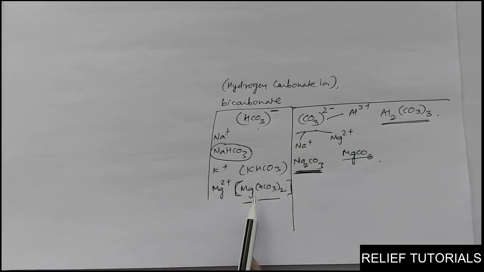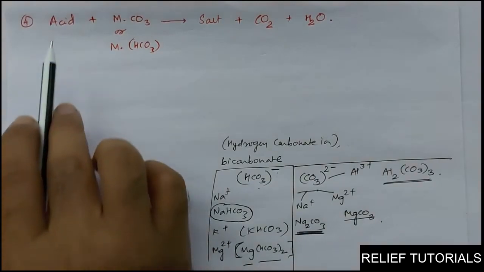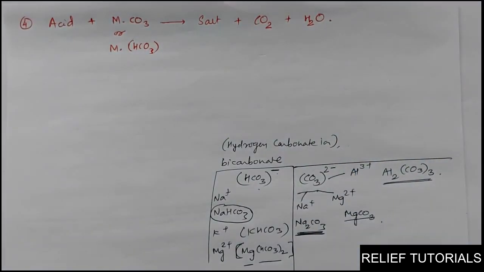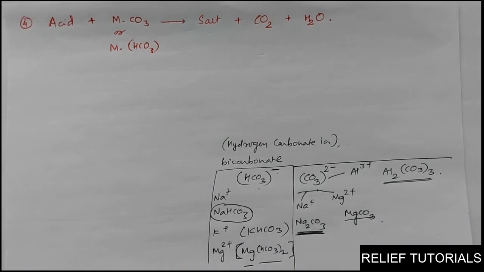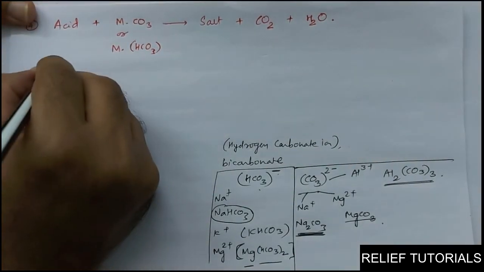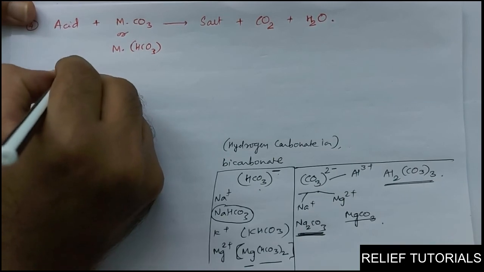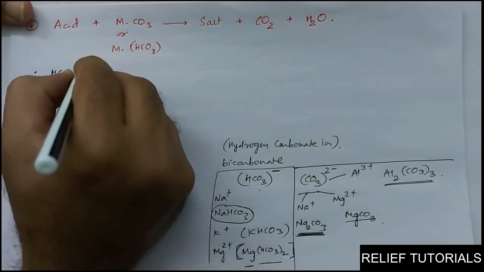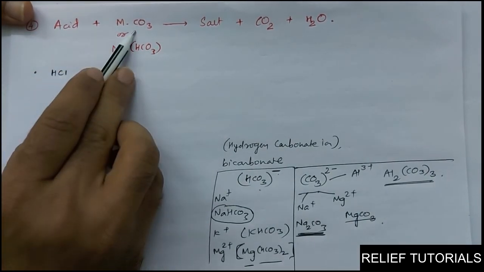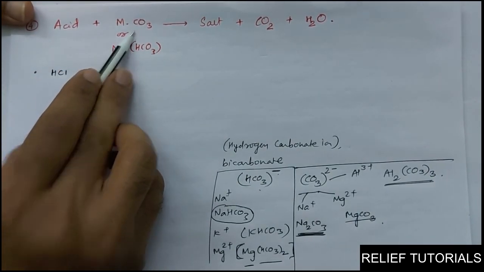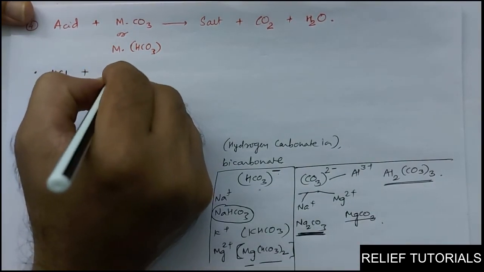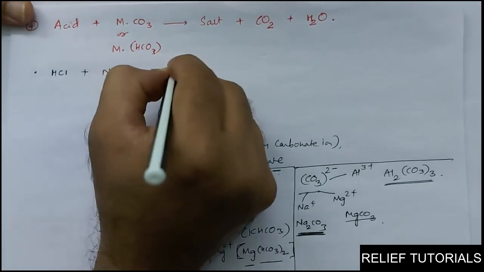So such bicarbonates or carbonates, when they react with acid, always form salt, carbon dioxide and water. Let's take some examples. Let us say the acid is HCl, our favorite acid again. When HCl reacts with metallic carbonate, let us take Na2CO3, sodium carbonate first.